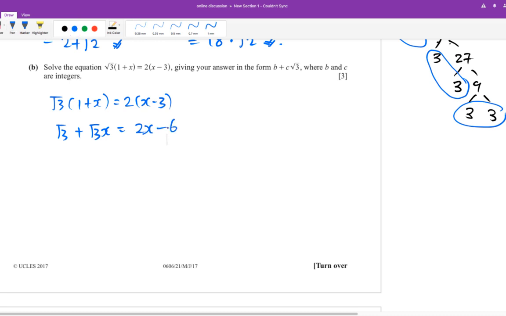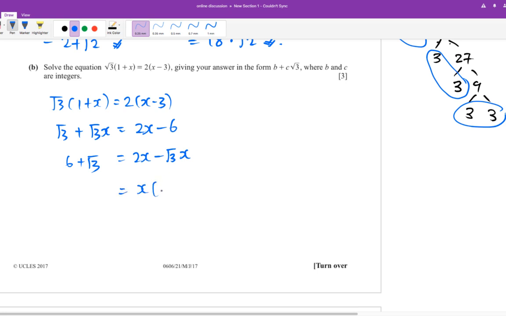Then I will group them together. Give your answer in this pattern. Can I do the comparison? No, I don't think so. So it's okay. This is 2x minus surd 3x, and then will become 6 plus surd 3.